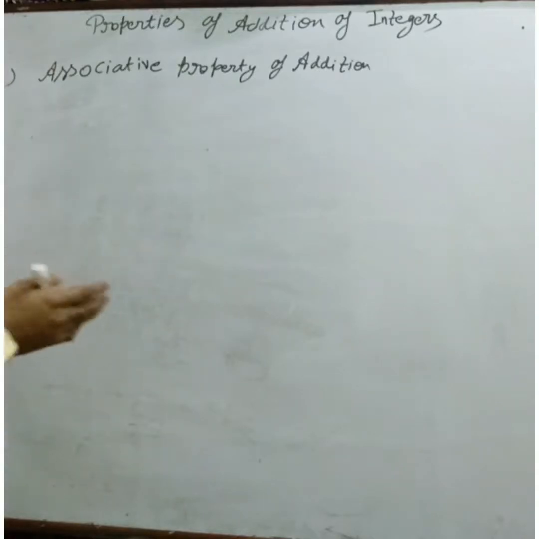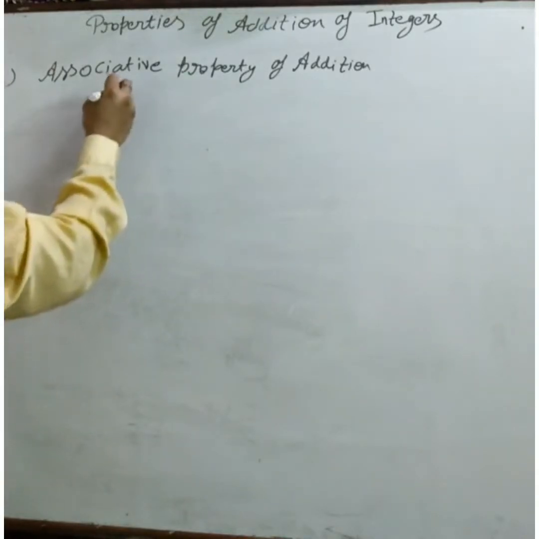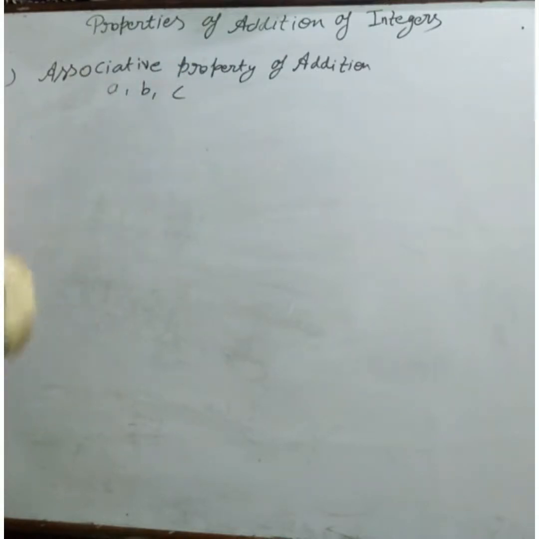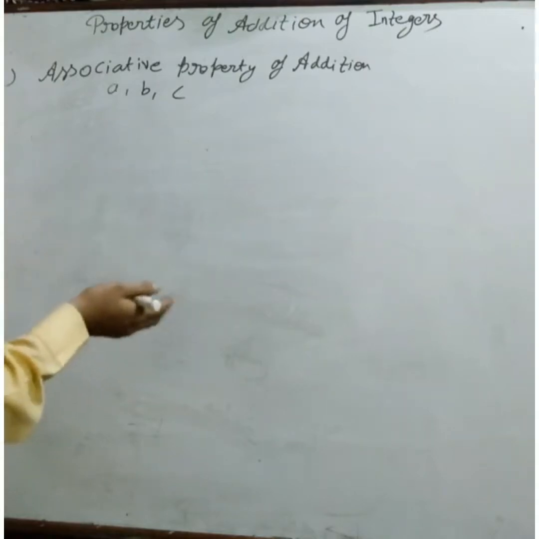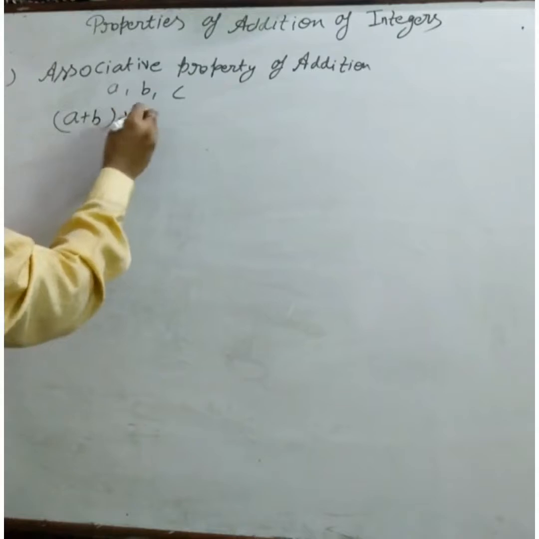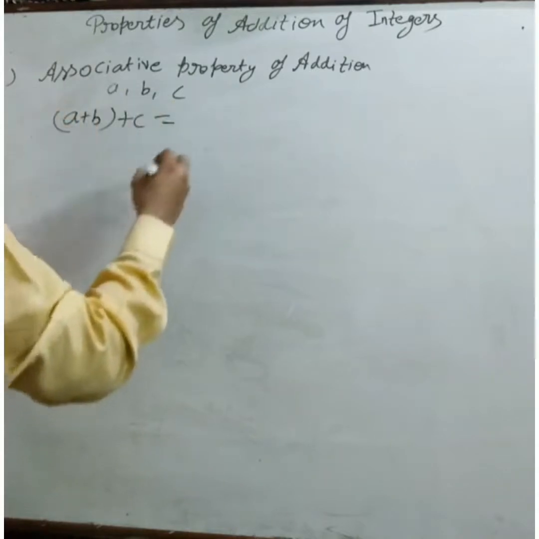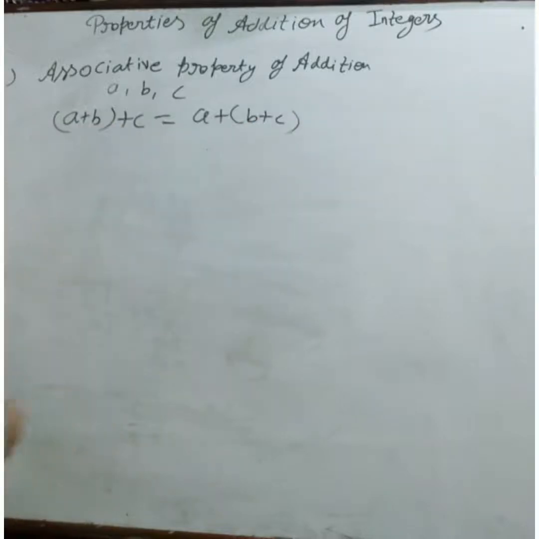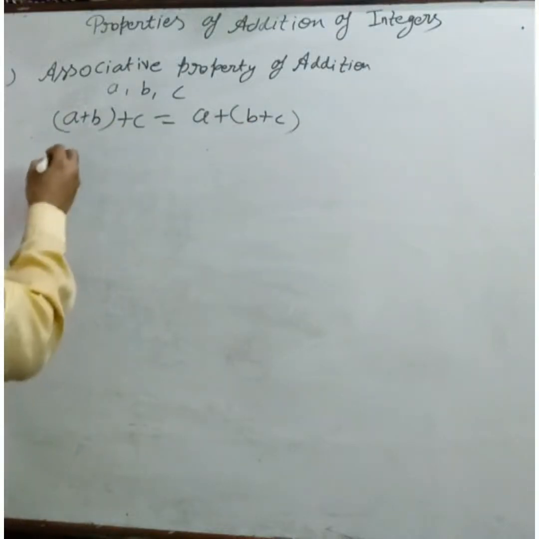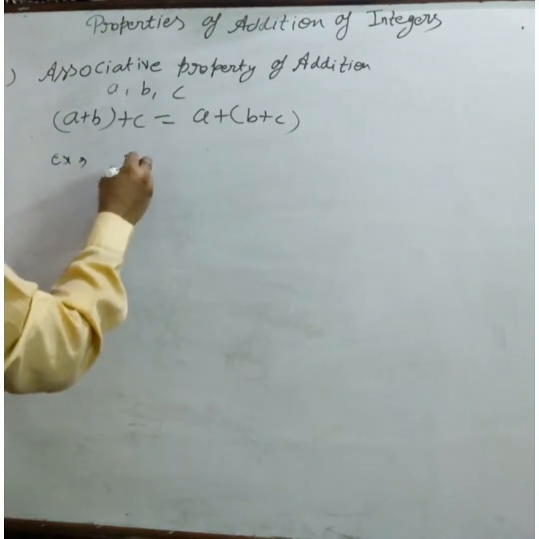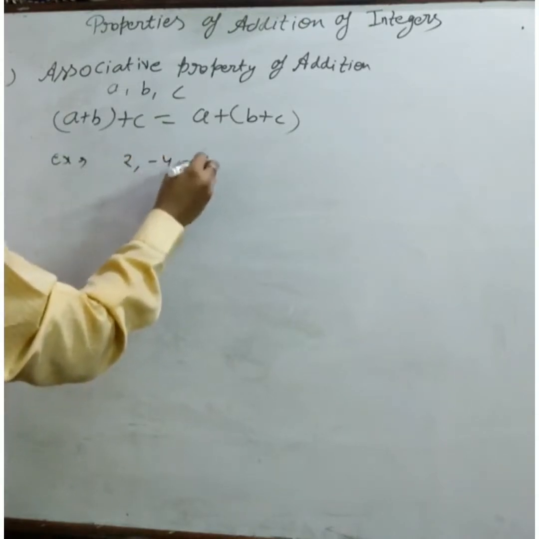If the three numbers are A, B and C, in adding integers, if the grouping is changed, the result does not change. For example, (A plus B) plus C is equal to A plus (B plus C). For an example, let the three numbers be 2, -4 and -8.